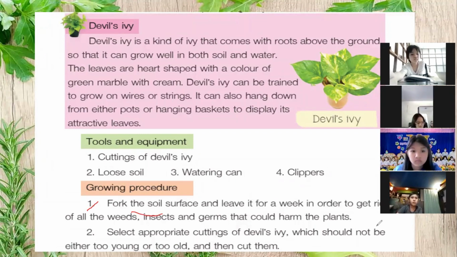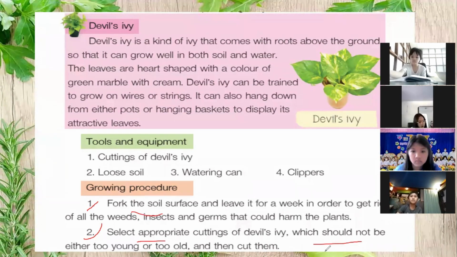So just leave it for 1 week before you plant it. Number two, select appropriate cuttings of devil ivy, which should not be either too long or too old, and then cut them. While you are choosing the cuttings, make sure it's not too old and also not too young.